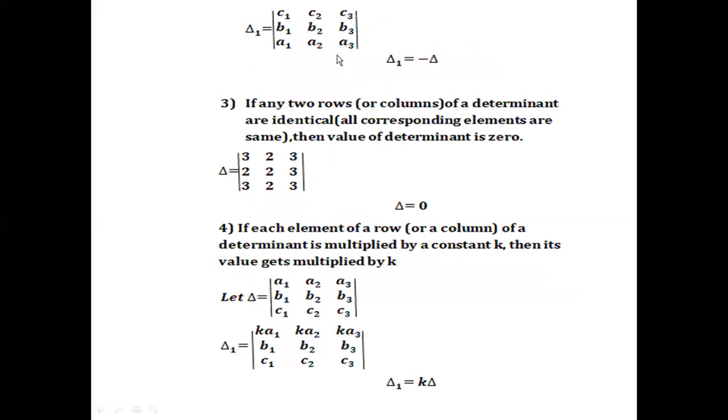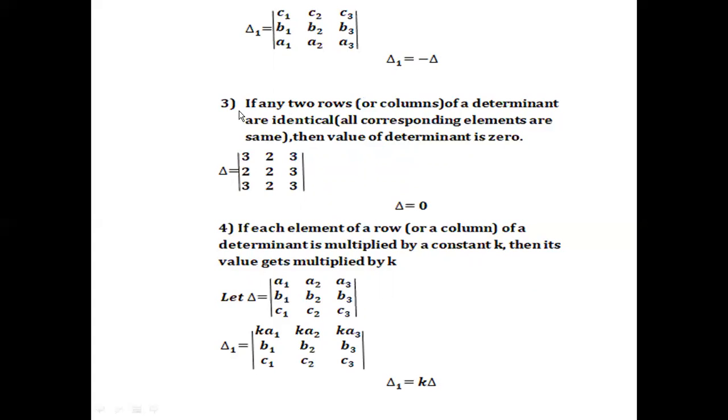If I change the third row into the first and the first row into the third, and by using the formula of determinant of order 3 by 3, we observe that the sign of this delta changes. Thus delta 1 equals minus delta, or delta equals minus delta 1. Both are the same but the sign changes.